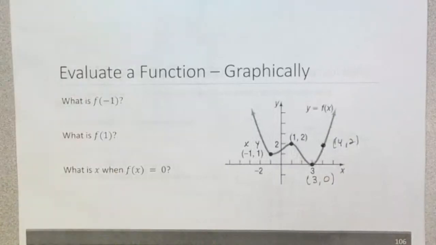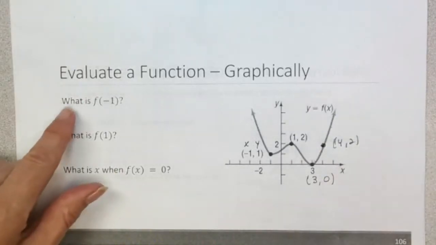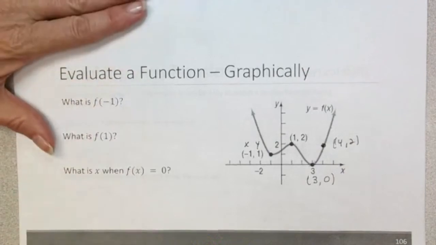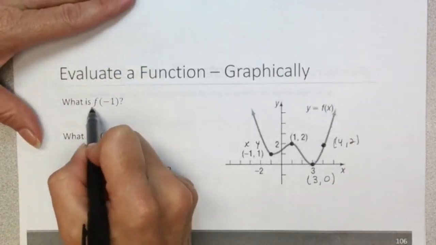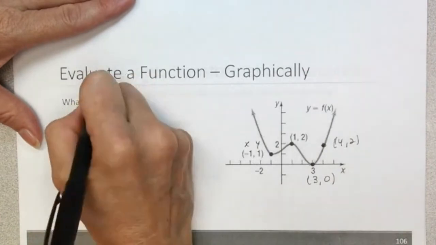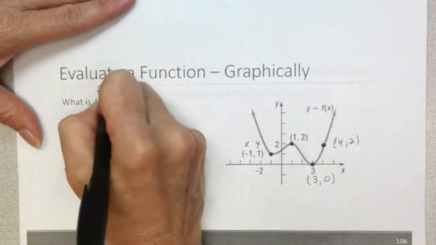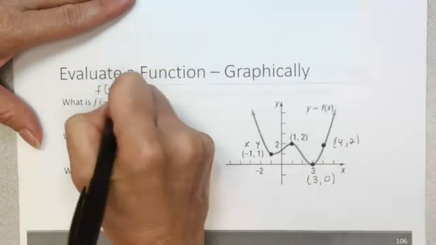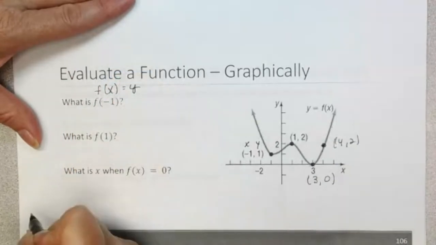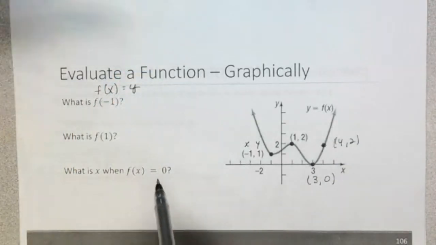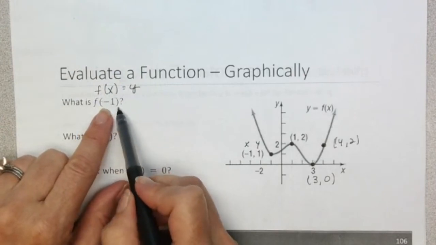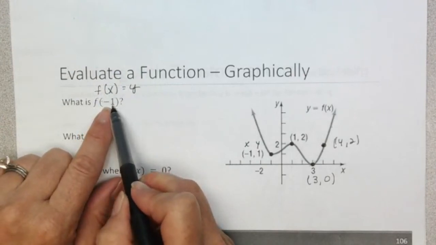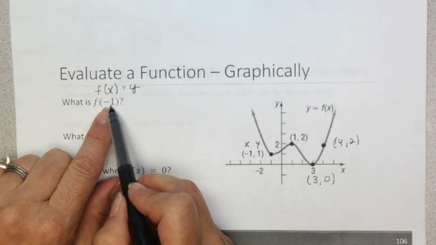So if I wanted to evaluate this function from the graph, and I wanted to find what is f of negative 1, negative 1 is the x, right? F of x is just function notation for y. So what I want to do is find the y that negative 1 corresponds to when it's x, right?